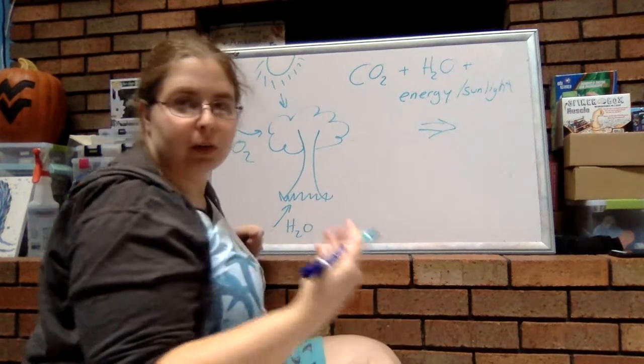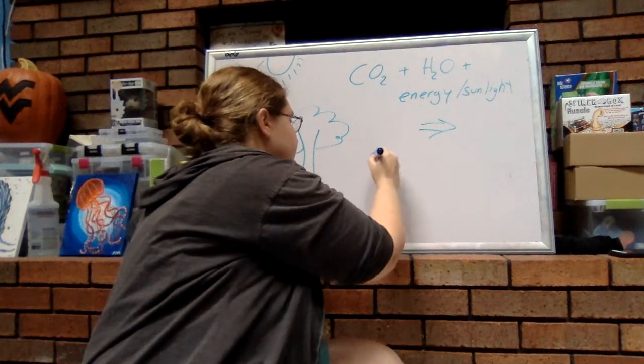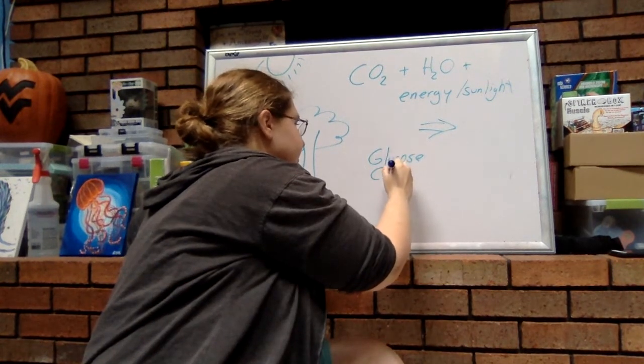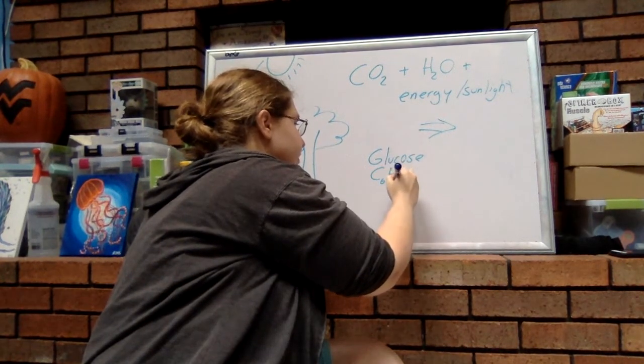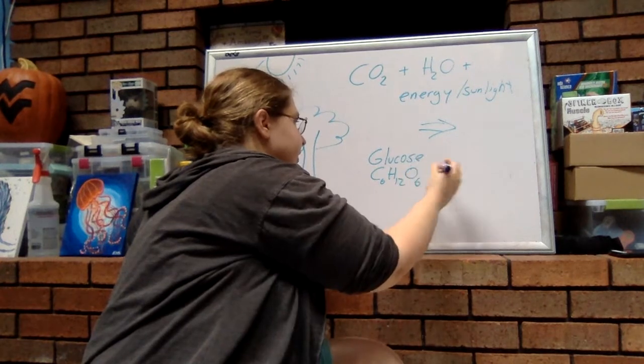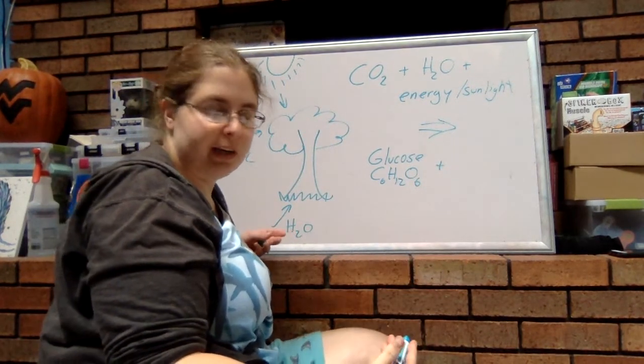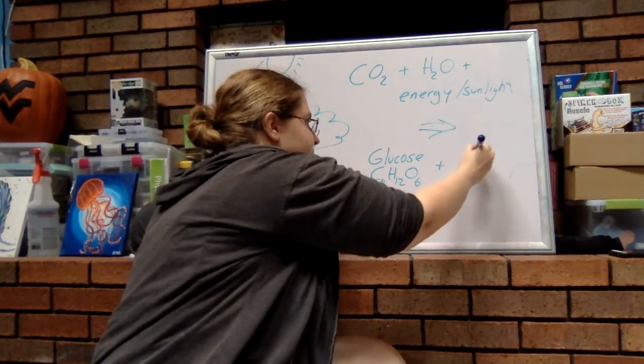That'll give us, we already said, the glucose, which is C6H12O6, and it'll also give another waste product, oxygen gas.